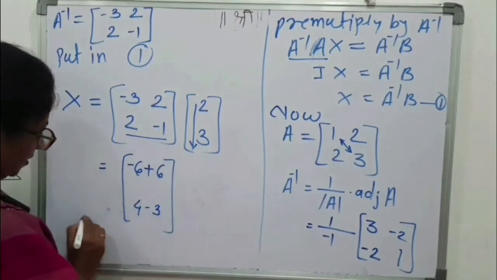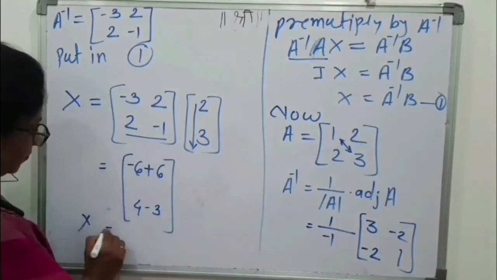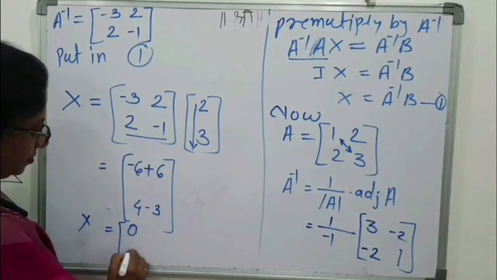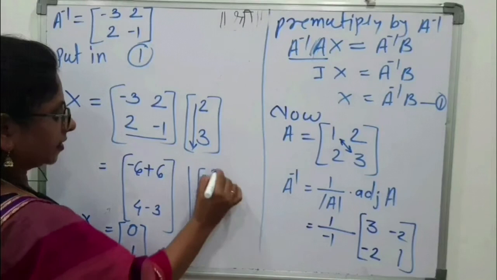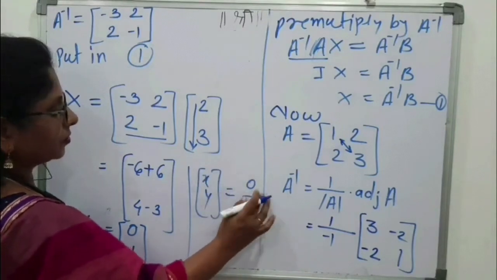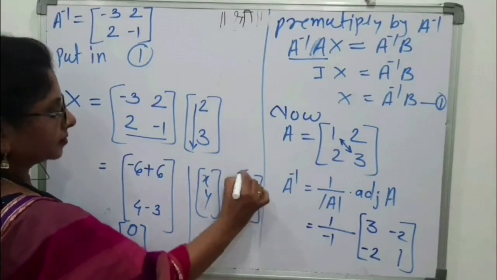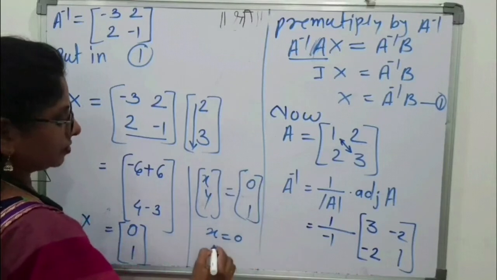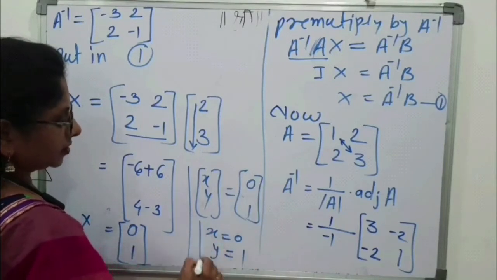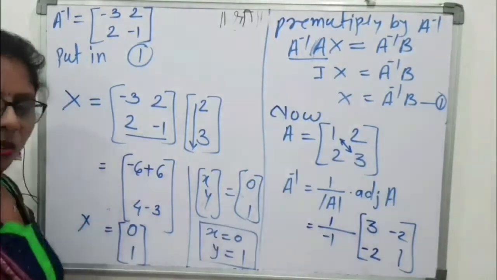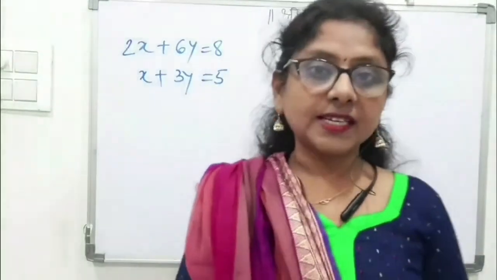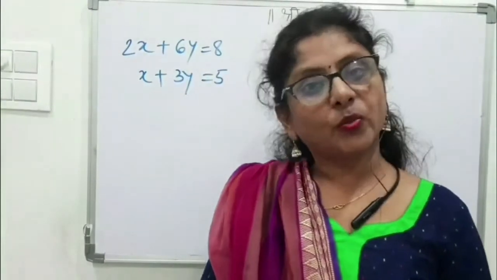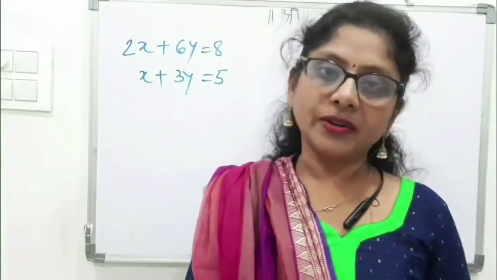Simply X, Y equals 0, 1. X equals 0 and Y equals 1. This is the solution. Now the second sum of this exercise 2.3 you try on yourself.